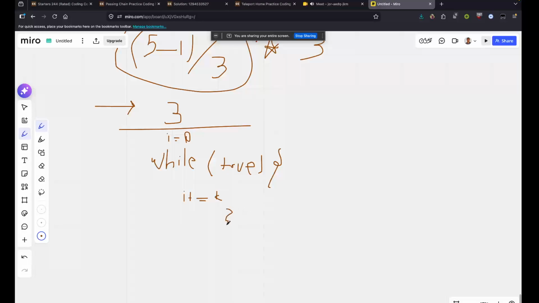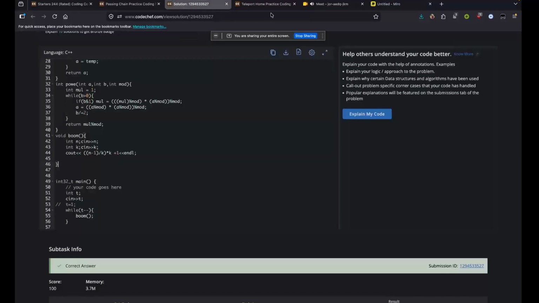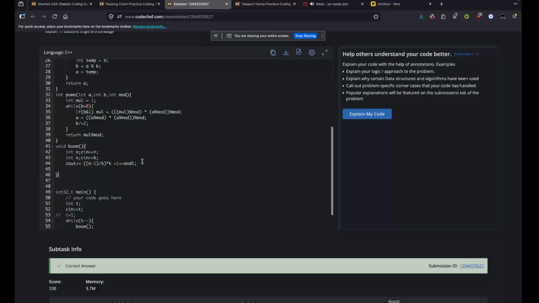Yes, bhaiya. Okay. So let me rethink what my approach was. I'm not getting it. Give me a second. k and (n minus 1) by k into k. So I am taking a C value when I type it.